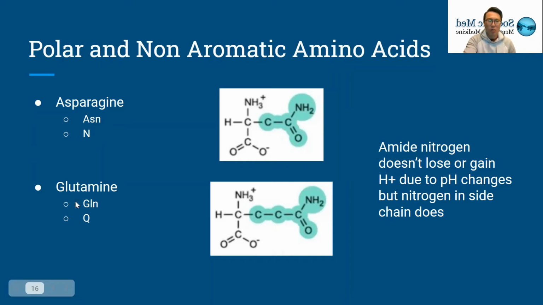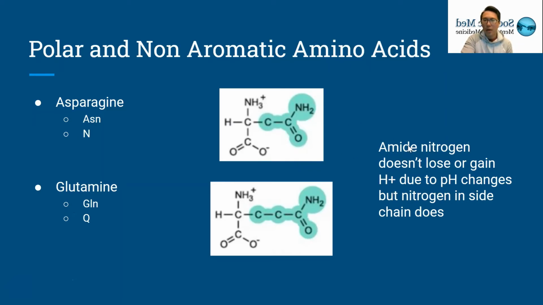So try to remember glutamine as the one that has Q, because the Q kind of looks like a G. Later on, I'm going to go over how the amino acids either lose or gain H pluses due to pH changes, but I'm just going to go over it really quick over here.